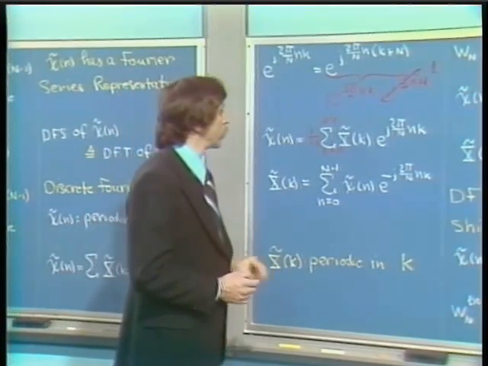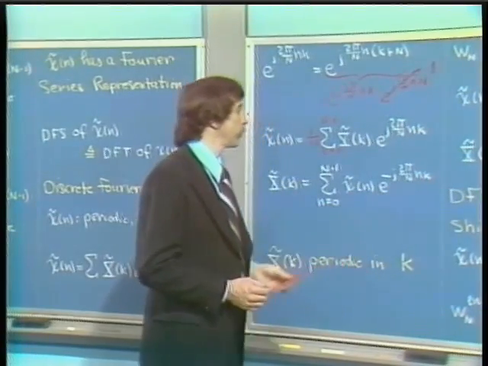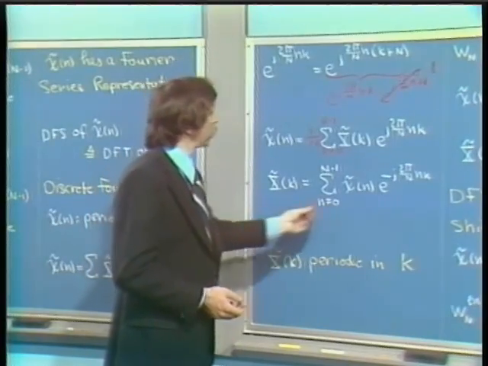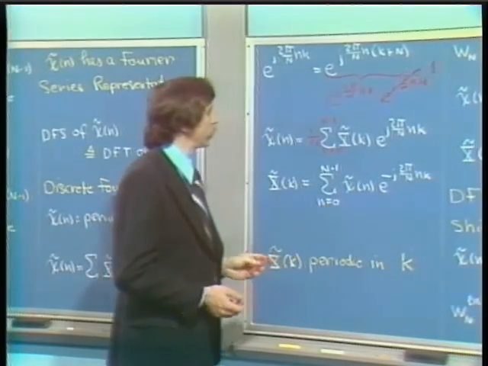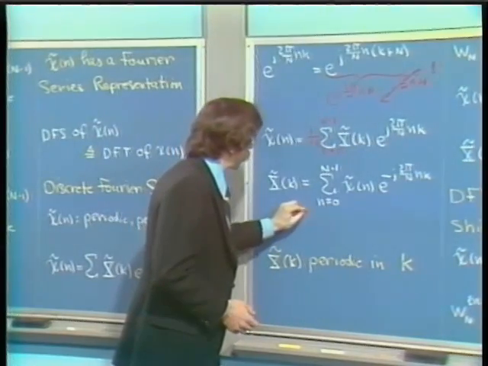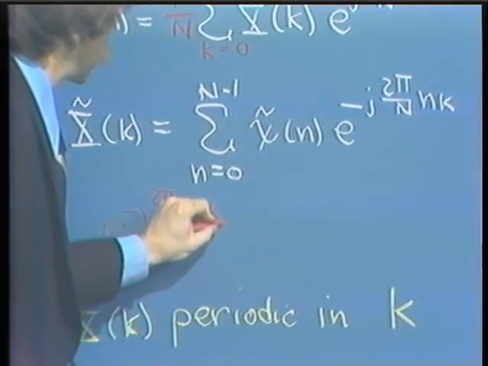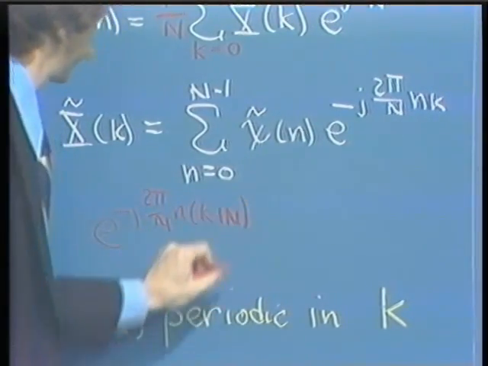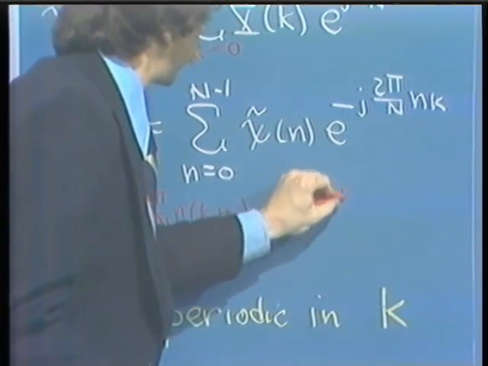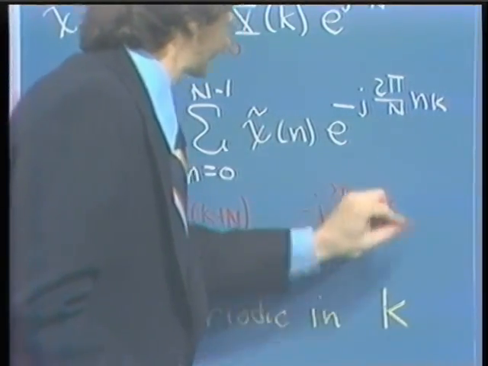In other words, if I substitute in for k plus capital N, then I'll get back exactly the same relation that I have here, because e to the minus j 2 pi over capital N times little n times k plus capital N is equal to e to the minus j 2 pi over capital N times little n times k.